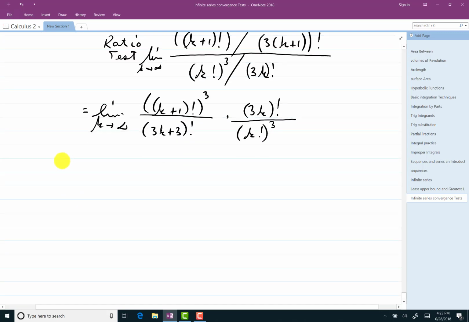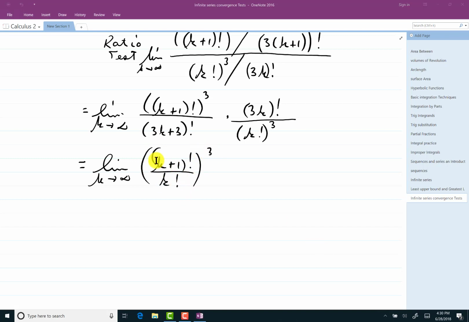Let me do some rearranging of things. Since this is to the 3rd and this is to the 3rd, I can combine those and get k plus 1 factorial all over k factorial, raised to the 3rd power. So I've got this combined to the 3rd power, and then I have this kind of stuff here.